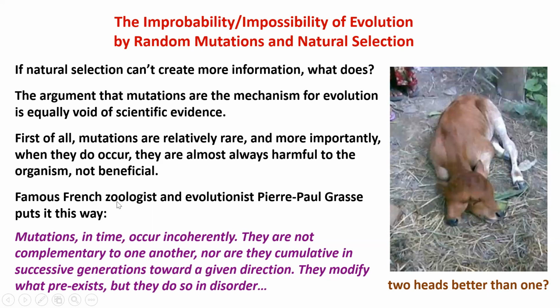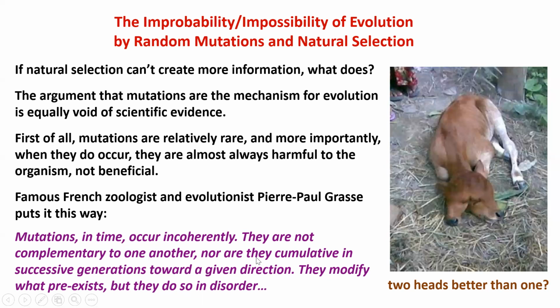So famous French zoologist and evolutionist Pierre-Paul Grassé puts it this way: mutations in time occur incoherently. They are not consistent. They are not fixed. They are not complementary to one another, nor are they cumulative. They don't add up more and more in successive generations toward a given direction.